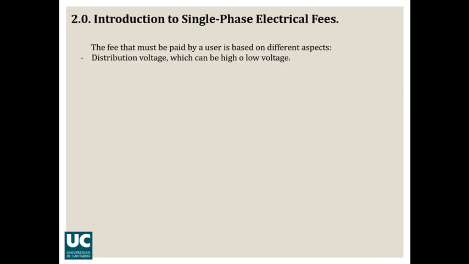Remember that only big industries are supplied at high or medium voltage, while household consumers are supplied at low voltage. The maximum power that we have available in our installation is another aspect that affects the fee that we must pay.